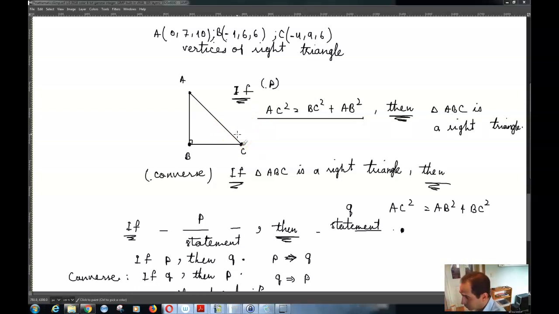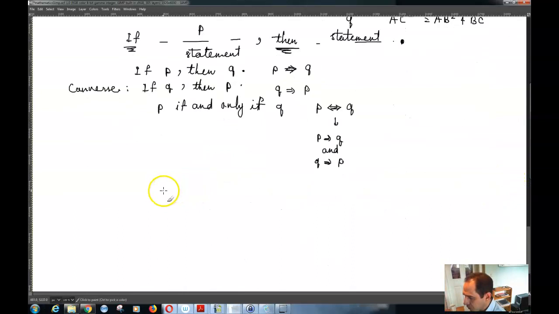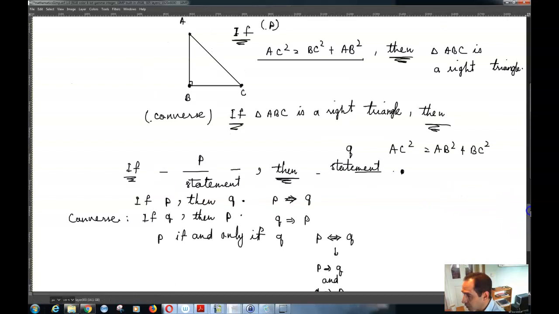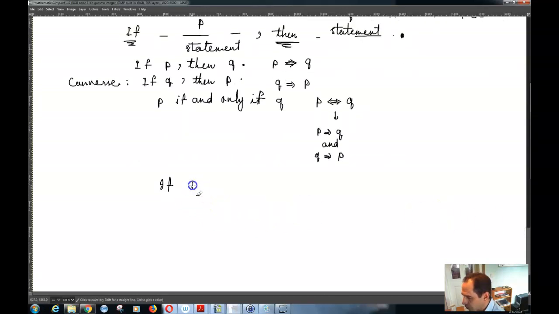So you need to be careful about this, for example, when you say that in the same situation, if AC squared is equal to AB squared plus BC squared, then triangle ABC is a right triangle.